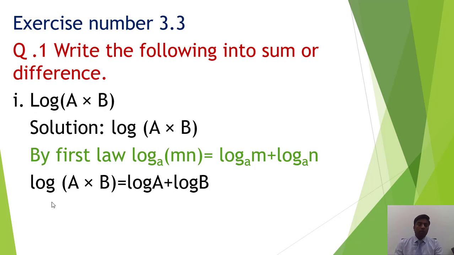So we have log a multiplied by b is equal to log a plus log b. Part second, log 15.2 divided by 30.5.